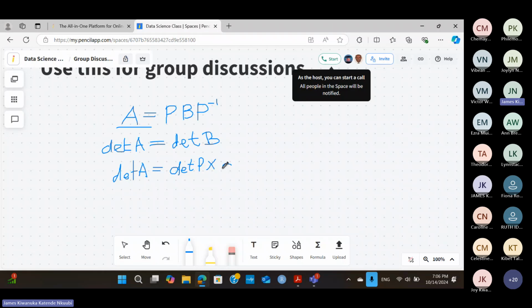If you get the determinant of a product of matrices, it's the same thing as getting the product of individual determinants. So times determinant of B times determinant of P inverse. But the determinant of P inverse is just the same as 1 over determinant of P.